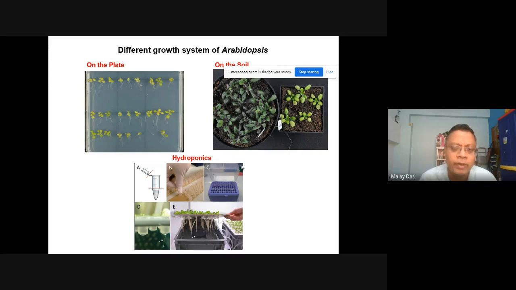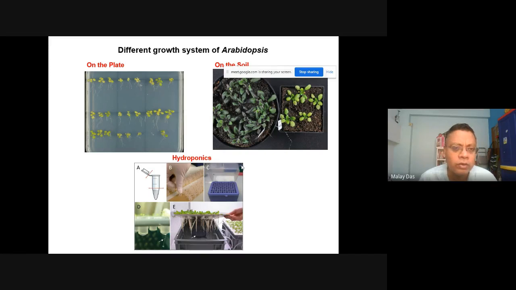This is another interesting aspect of Arabidopsis: researchers have the freedom to grow this plant on systems as diverse as plates, where the seeds can be germinated and grown on agar medium. They can be grown on soil, and this plant can even be grown in hydroponic medium, meaning a liquid medium can be prepared and the seeds can be grown on this liquid medium.